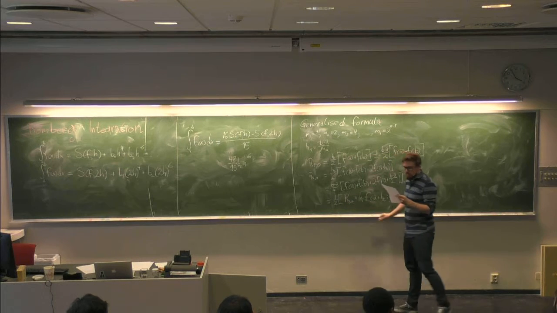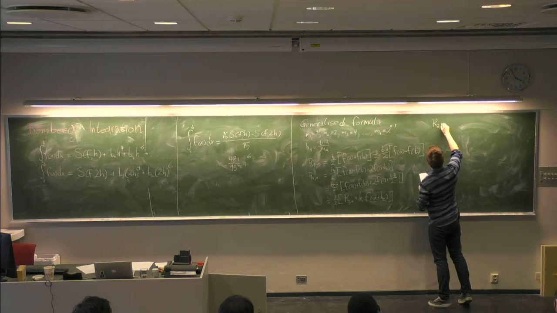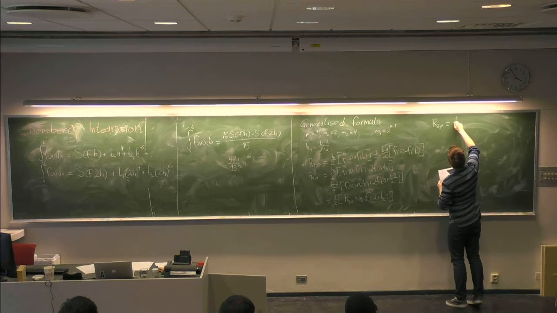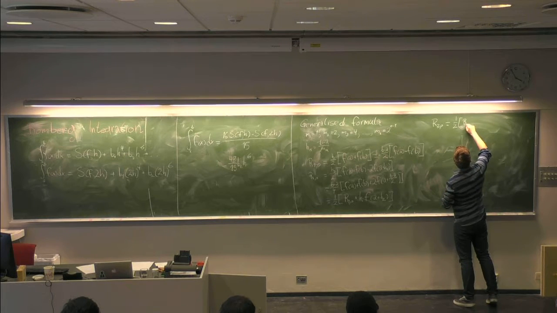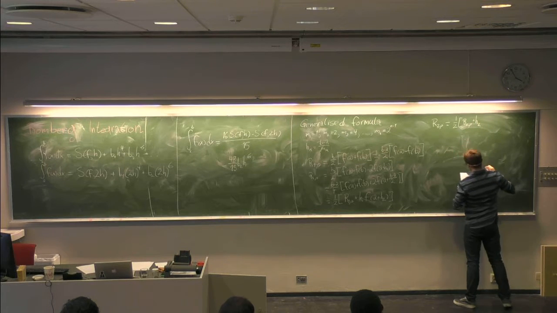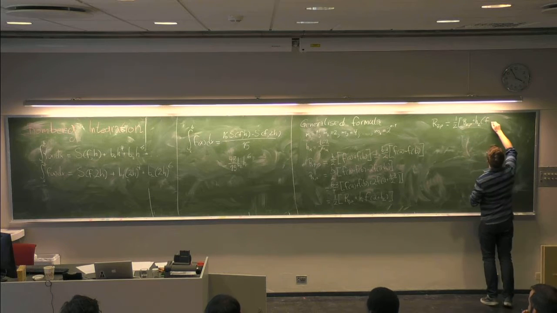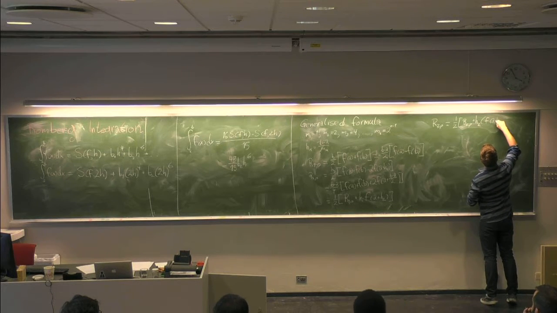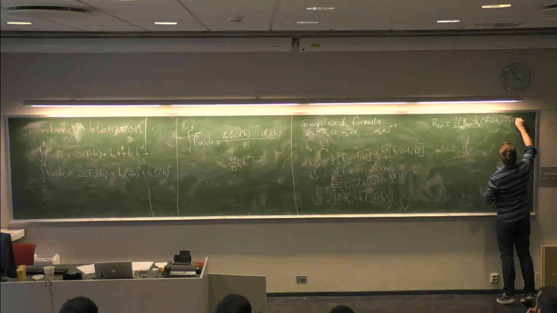By just rewriting this, and in a similar manner, the next one, R3,0, skipping a few steps, we get 1/2 R2,0 plus H2 times f(a plus H3) plus f(a plus 3H3).